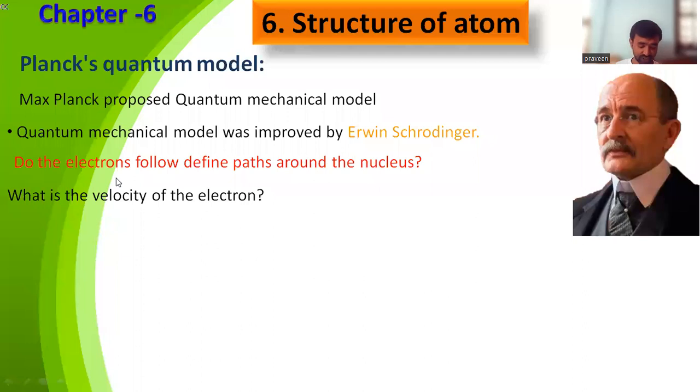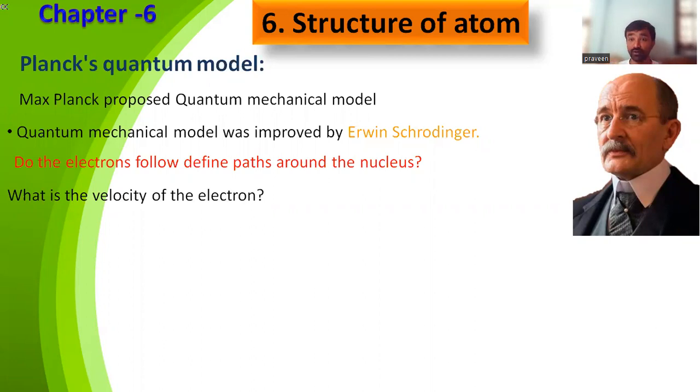From this discussion, you are able to answer that electrons may follow a definite path, right? If the electrons do not follow definite paths in an atom, do atoms have any fixed boundary? No fixed boundary. So without a fixed boundary, how can you decide the atom is a small particle?